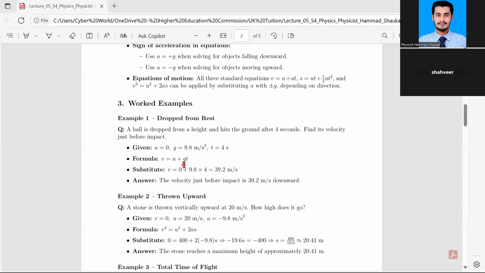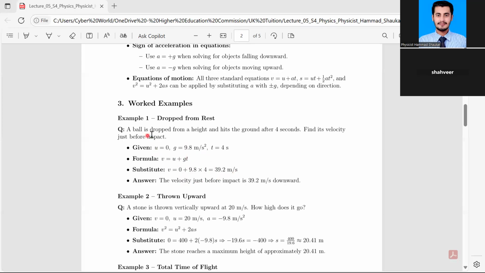The value of g is not given, but I mentioned before that you have to learn it, a constant value of 9.8 meter per second square. So putting the value of u as 0 plus g 9.8 times t 4, just multiplying, you will get your answer, which is 39.2 meter per second.